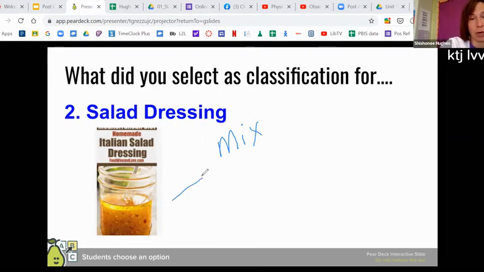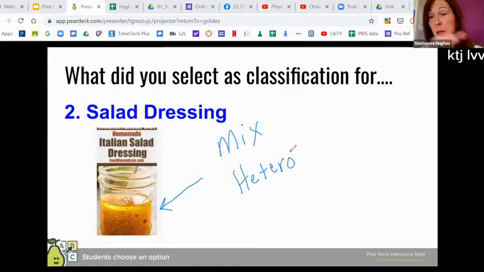If you look here, you can see individual parts. So this, my friends, is a heterogeneous mixture. And I'm not going to spell that all the way out because I am lazy. But this is a heterogeneous mixture because I can see the individual parts and it is a mix of stuff.